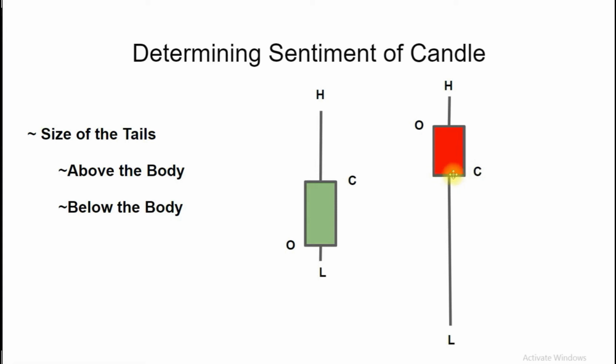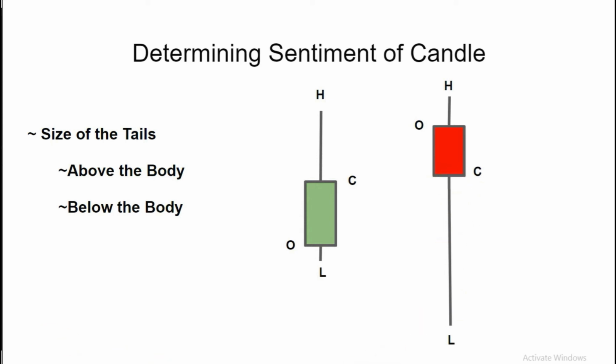The candle is red because the price still closed lower than it opened, but this indicates a potential bullish sentiment. The bulls rejected the lower price, regained control, and drove the price back up, closing here.